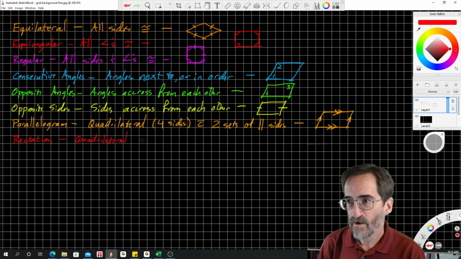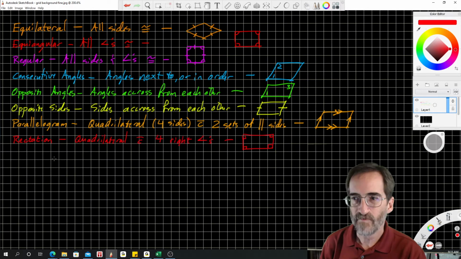Quadrilateral with 4 right angles. That's the definition of a rectangle. Note that we don't mention anything about opposite sides being congruent or parallel. The definition is just 4 right angles. You got 4 right angles, you're a quadrilateral, and you're a rectangle.